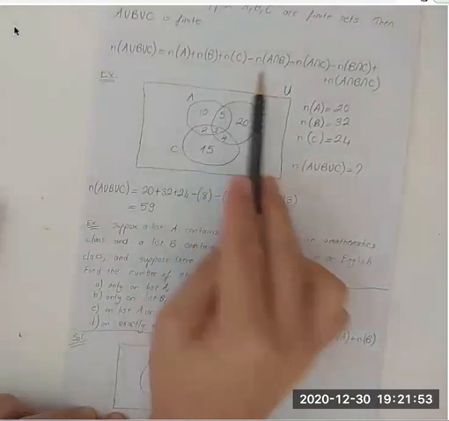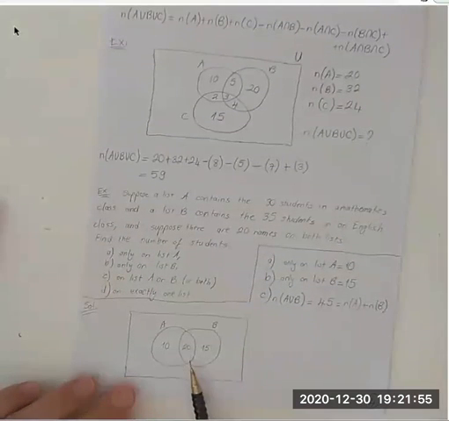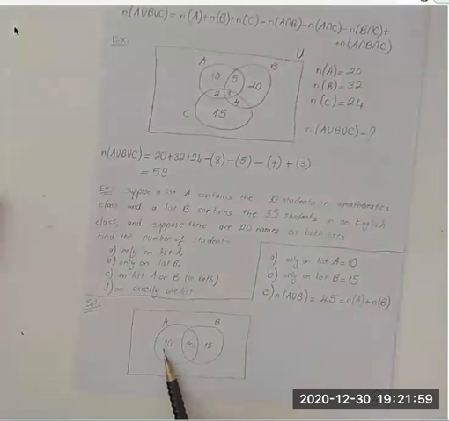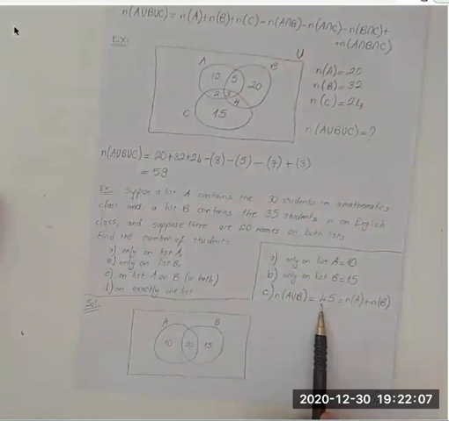And D is a little bit different. Actually, it is asking for the symmetric difference of A and B. So this is equal to 25.